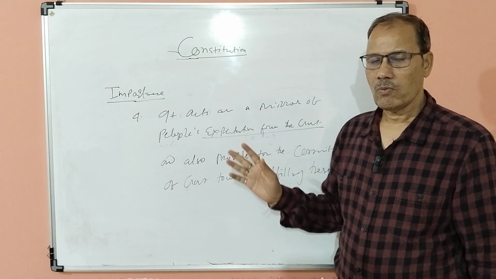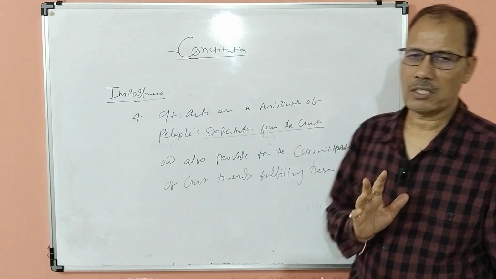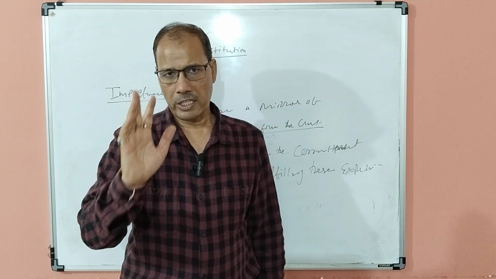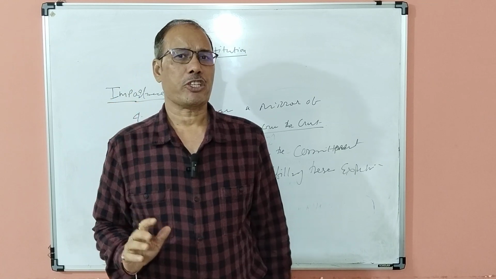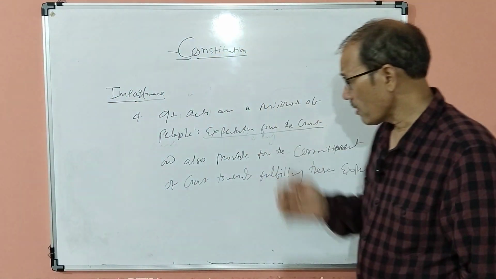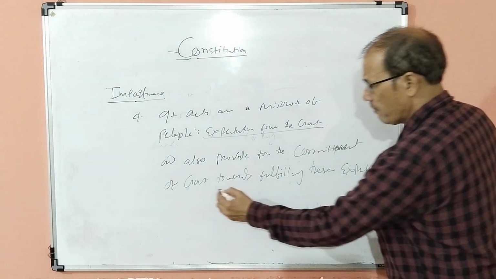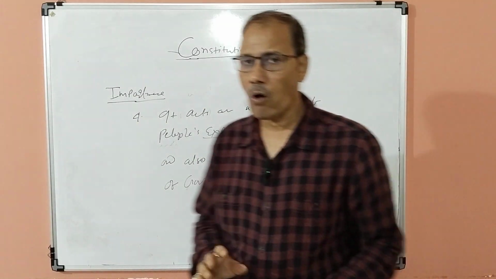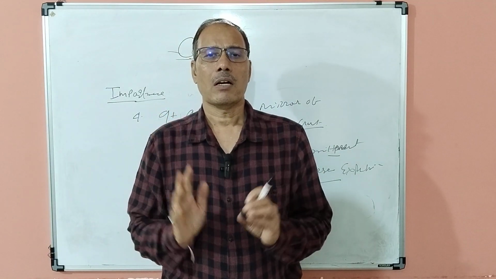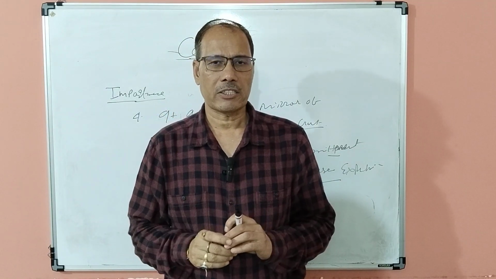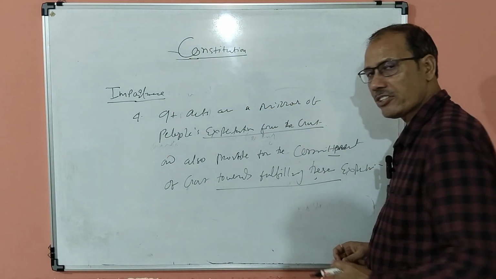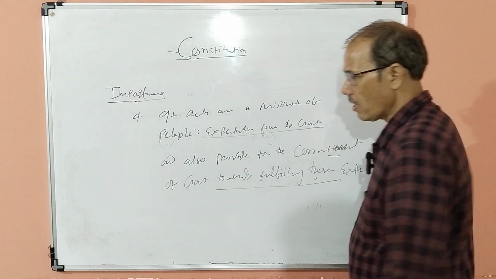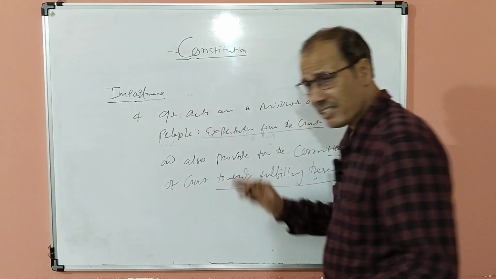We will see what directive principles mean and how the government is directed to fulfill the public's expectations. These expectations are the basic parameter on the basis of which the public and society evaluate the government.